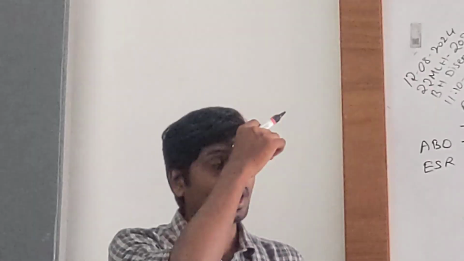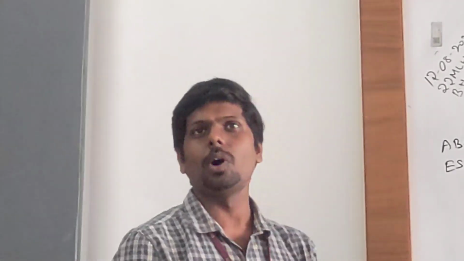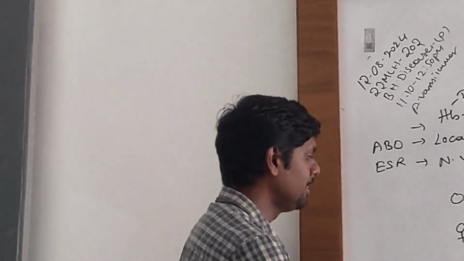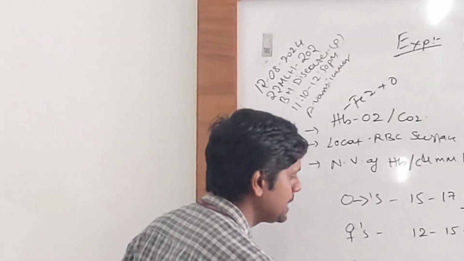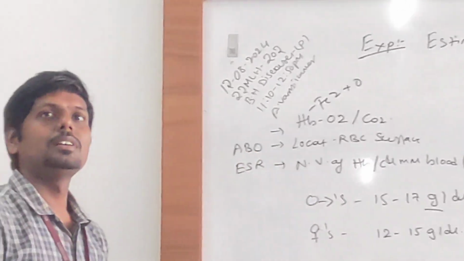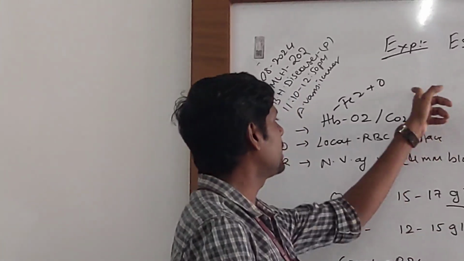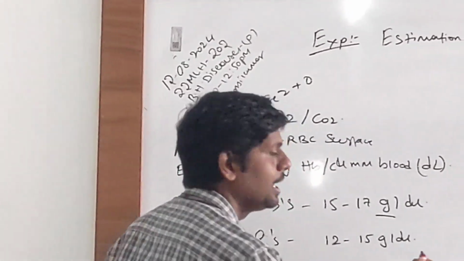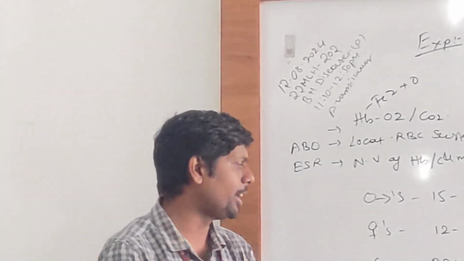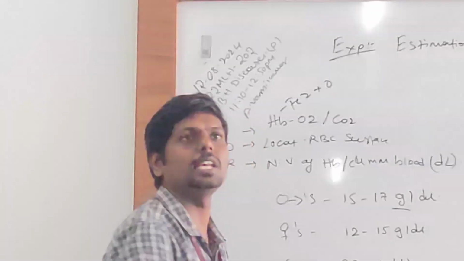Now we are trying to estimate the levels of hemoglobin. Why do we need to measure hemoglobin instead of counting RBCs? We can count RBCs and the count would be directly proportional to HB levels, right? HB is always present in RBC, so why measure HB separately rather than relying on RBC count?